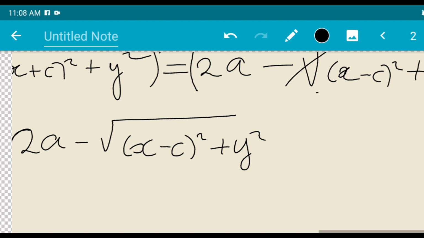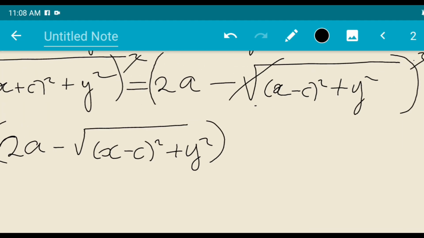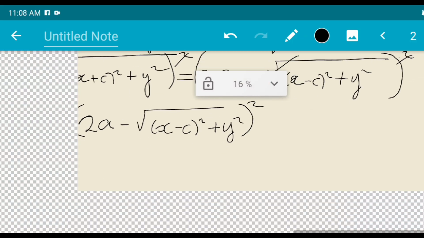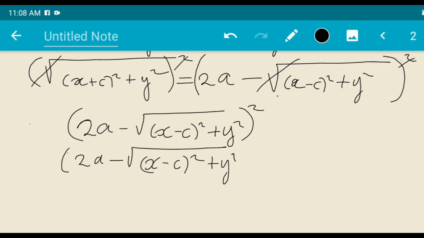This whole thing is in square roots, so it is the same as writing it down as 2a minus the square root of x minus c squared plus y squared, close. Then we say the same thing, 2a minus the square root of x minus c squared plus y squared.